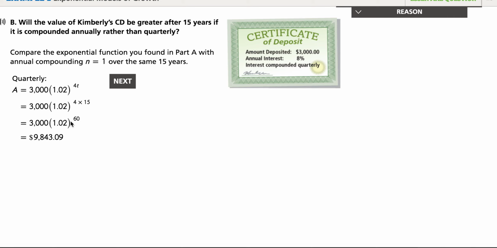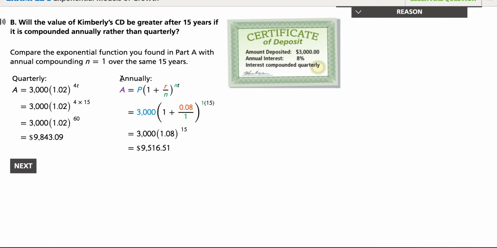For quarterly, in 15 years, it's 4 times 15, 60, to the power of 60, and we got the answer $9,483.09. Now, let's see what happens yearly. Annually, A equals the formula P times 1 plus R over N to the power of NT.